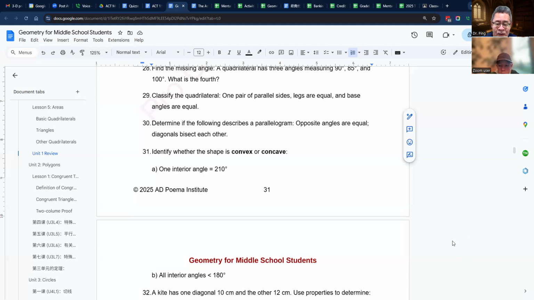Classify the quadrilateral. One pair of parallel sides, legs are equal, and base angles are equal.